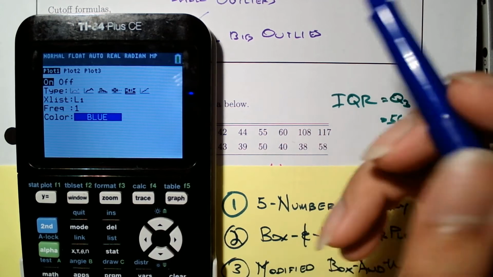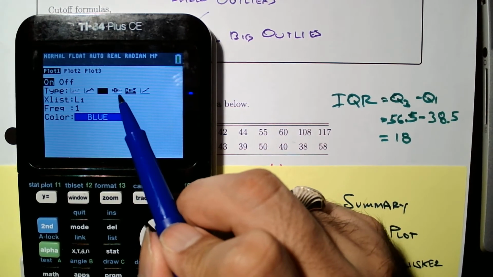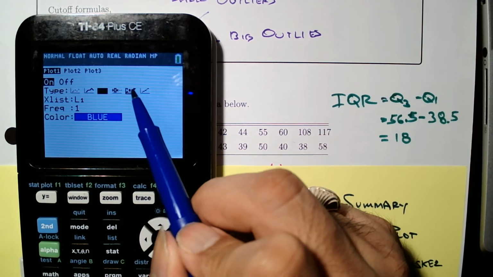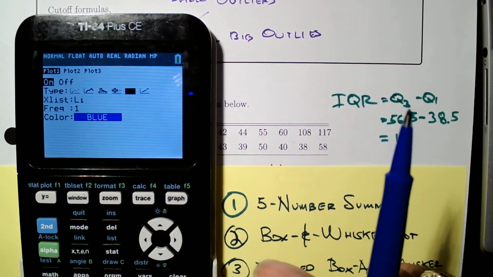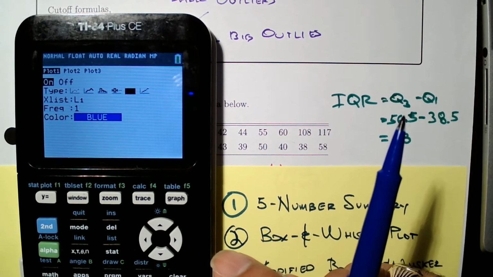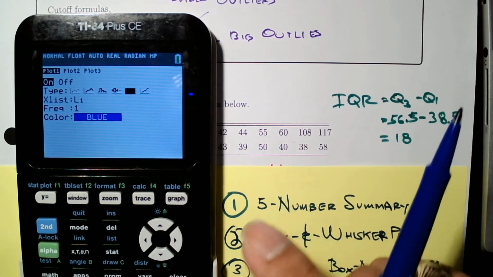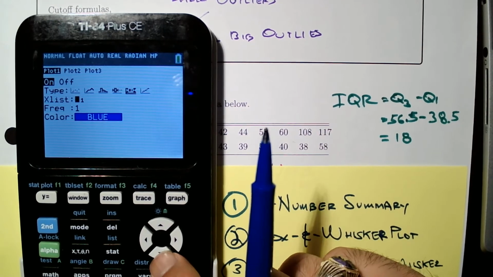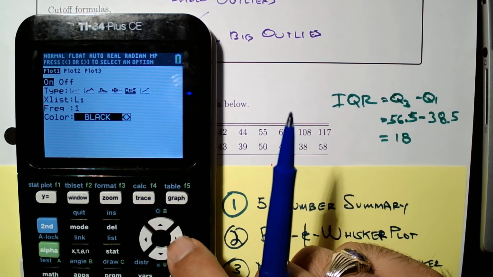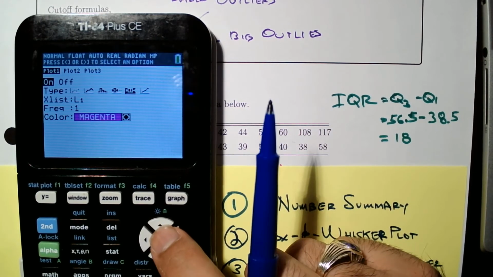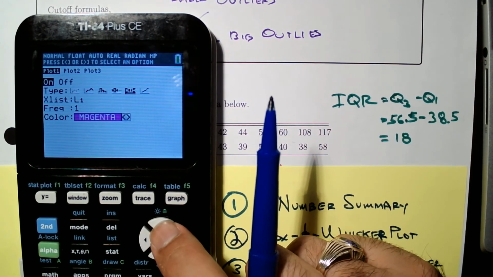However, this box plot has two little dots in here. We're going to do that second. That is for the modified box plot, and this one is for the box plot that we are going to do now. So I'm going to choose this one. And if you have a color preference, you have blue, red, black, magenta. I'm going to do magenta this time so we get a good contrast.